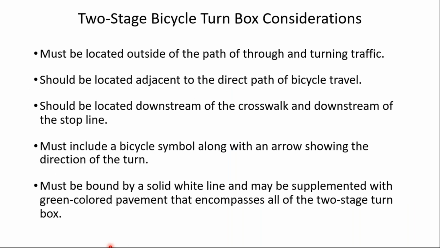This is what the manual says about two-stage bike turn boxes. They must be located outside of the path of through and turning traffic. They should be located adjacent to the direct path of bike travel, as I just showed you in the previous slide. Should be downstream of the crosswalk and downstream of the stop line.